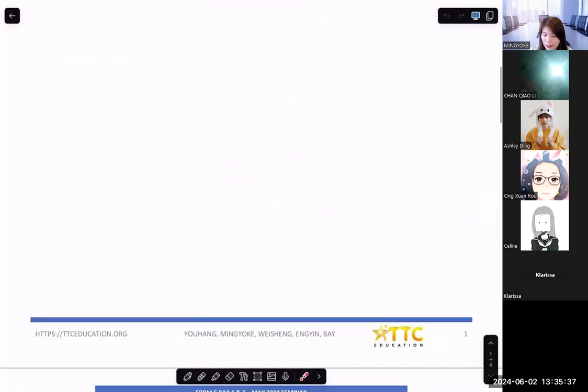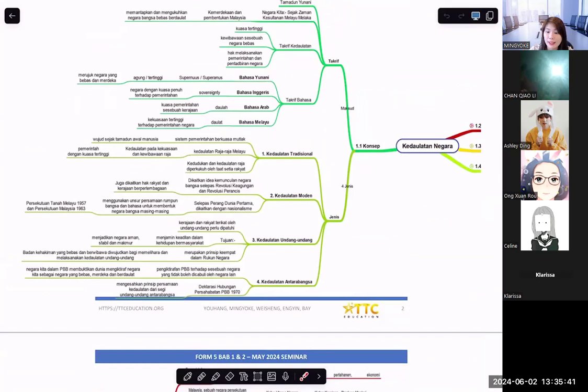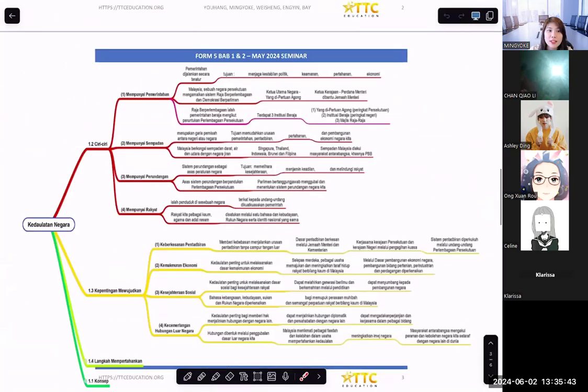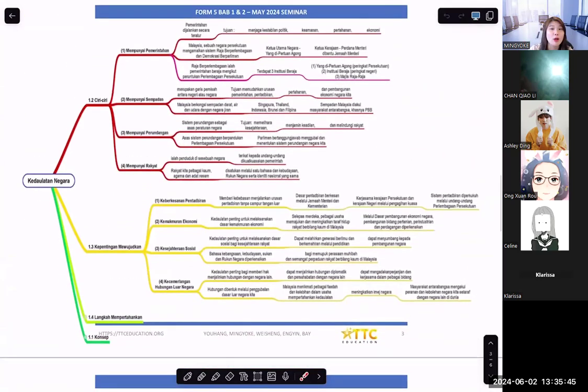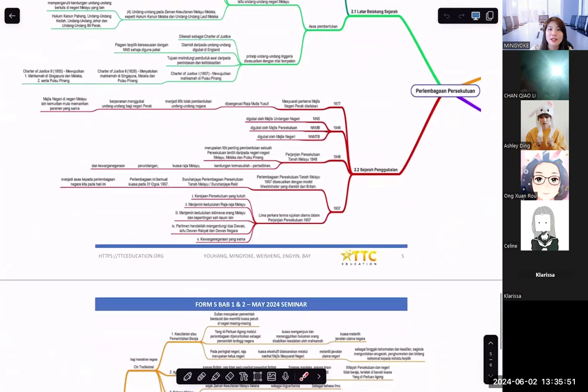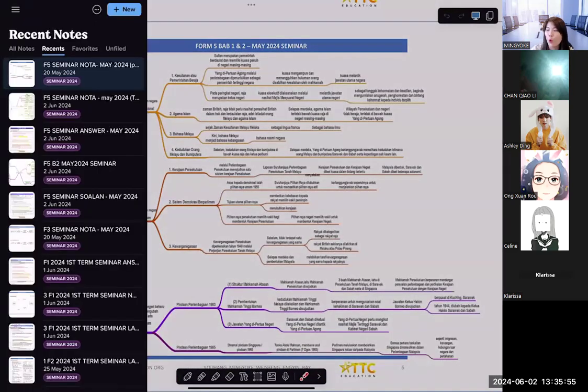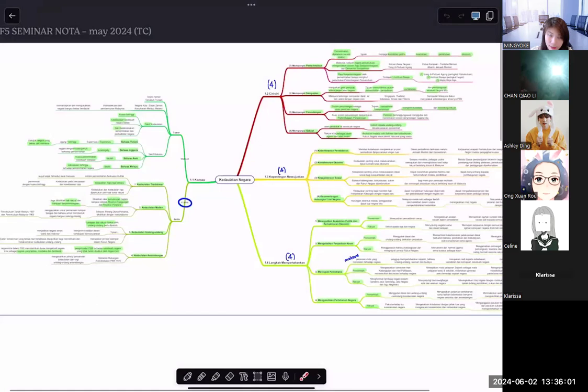Then the next one is, of course, your notes. Your physical notes are divided into like that. Of course, physical notes, because one page is not enough to cover everything. That's why it looks like this. But of course, if you find it quite small, quite difficult to see, you can also download it from the website.